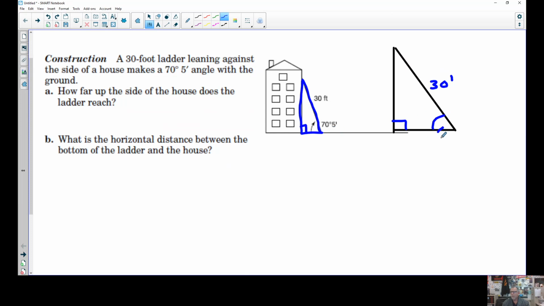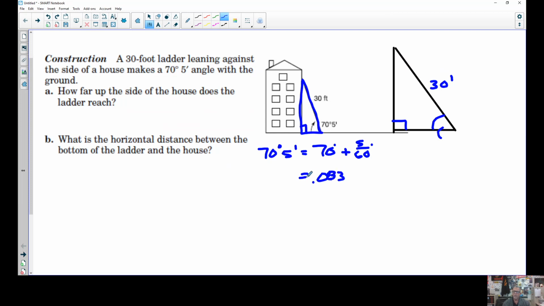I'm not going to put that down as 70 degrees 5 minutes. I'm going to figure out what that is. 70 degrees 5 minutes means 70 degrees plus 5 over 60ths of a degree. Remember, we did this in 5-1, I think it was. What is 5 over 60? 5 divided by 60 is, and you will need your calculator during this unit, guys, so we are going to use it a decent amount, 0.083 repeating.